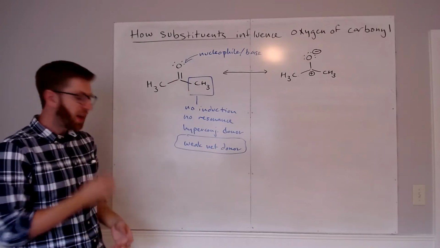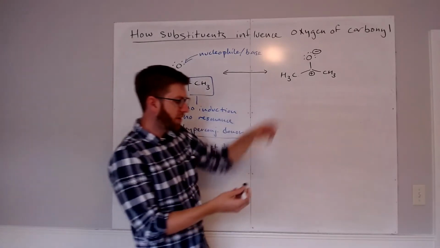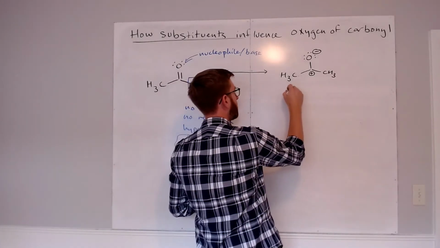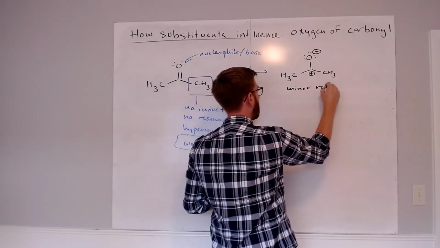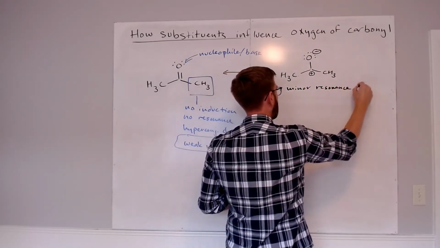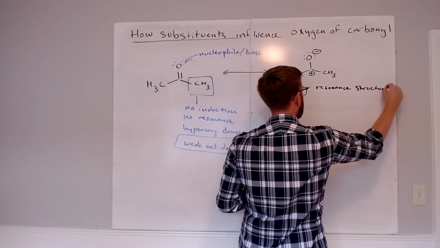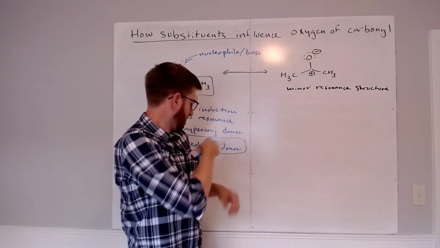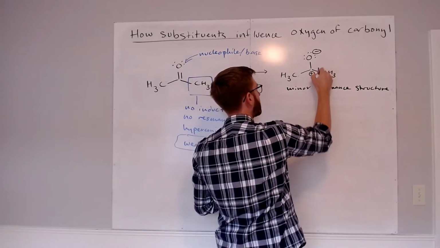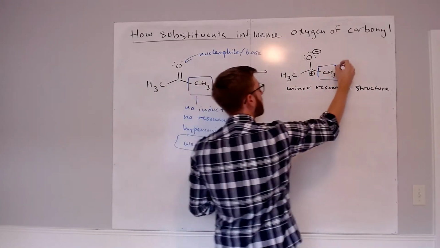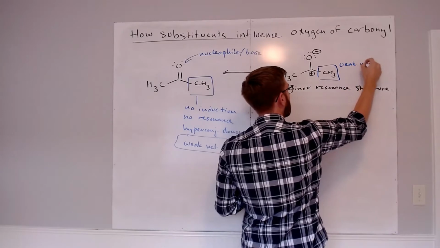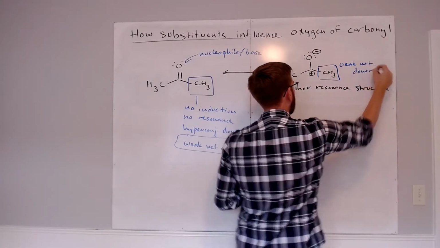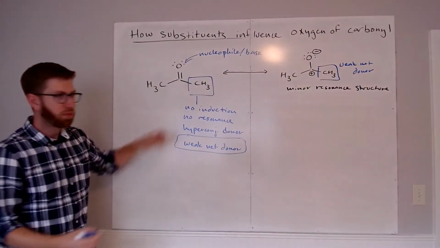We could also look at that in the context of our minor resonance structure here, which I'll label. We could analyze the same methyl, and the same argument would apply. We still got a weak net donor, for the reasons that are listed here.